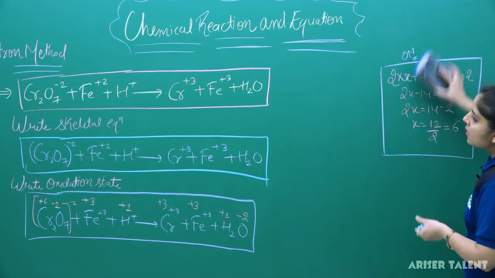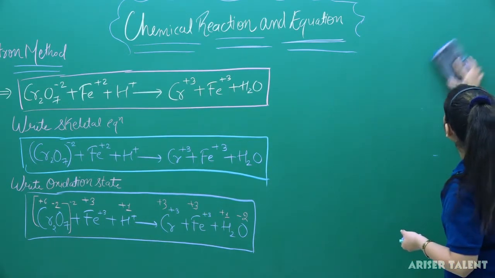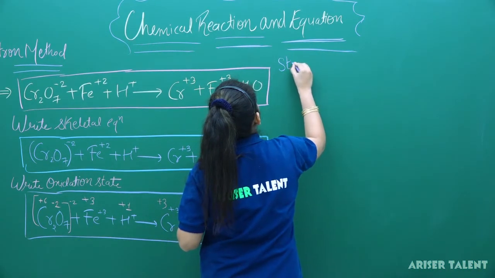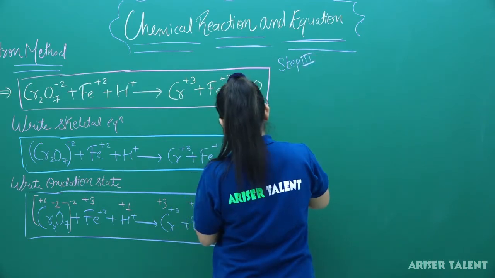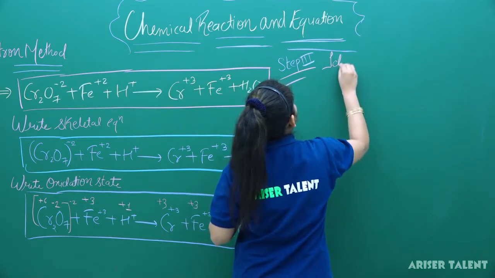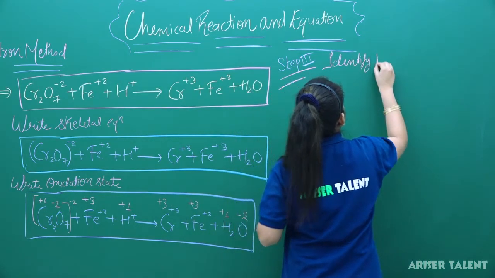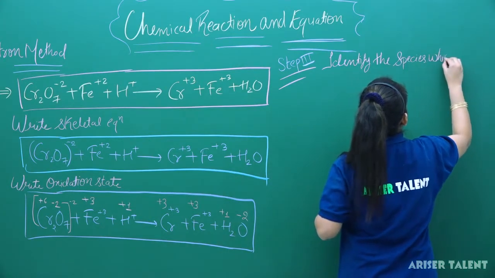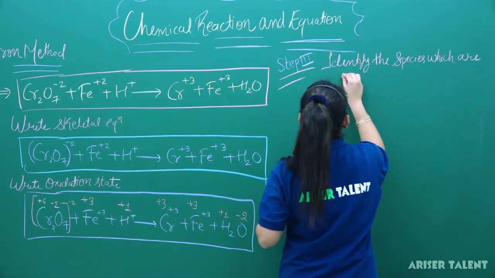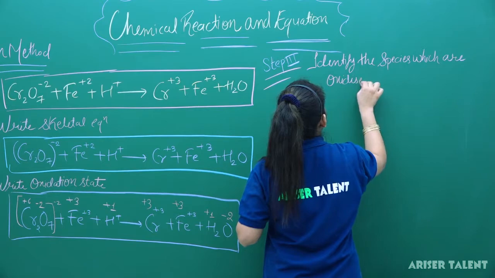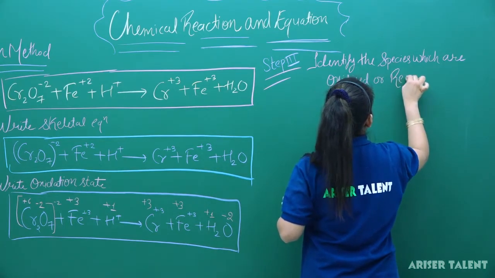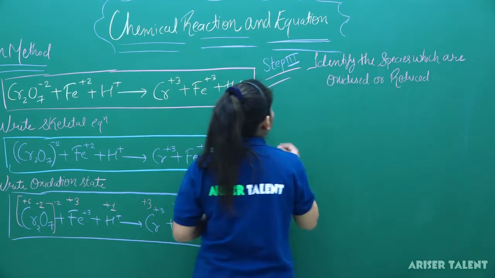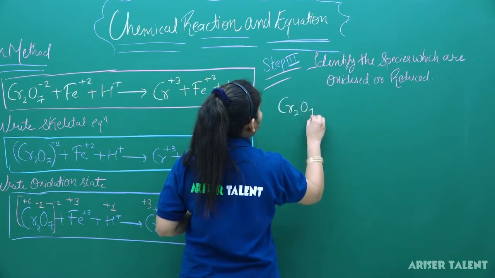So our step number 3 will be to identify the species which are oxidized or reduced. So I am writing the equation again here.